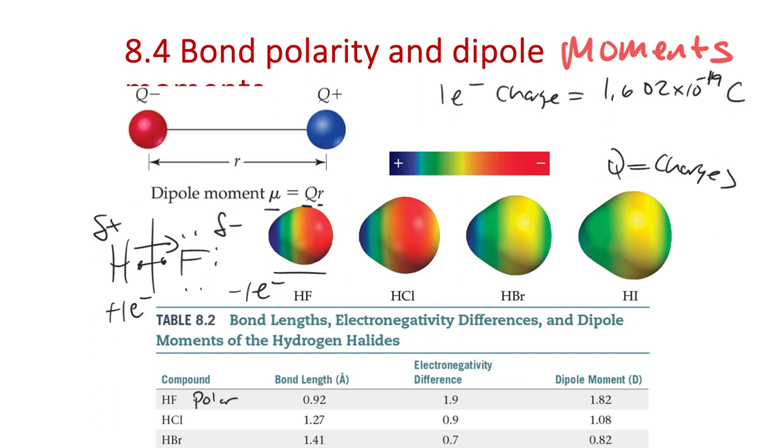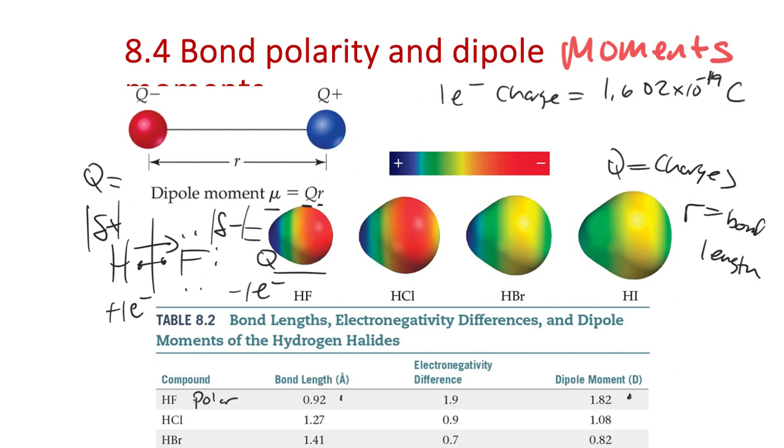And so the magnitudes of these charges would be equal to Q. So whatever that partial negative, partial positive, the magnitudes of those charges would be equal to the Q. And then R is the bond length. And so it's on the next slide that we'll actually ask the question, but we can take the bond lengths and we can take the dipole moments and use those to try to convert into what the charges are, what the Q is for the atoms in that molecule.